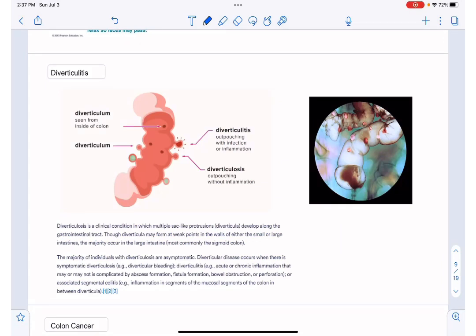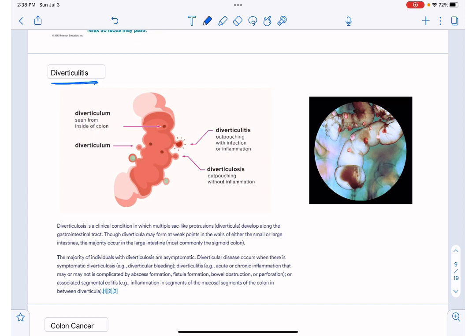And these next few slides then are just some special topics related to the large intestine that I don't necessarily know a whole lot about, but I'm interested in finding more about. And I'm also interested in hearing from you all if you have a lot of exposure to this, being in the allied health field, as I imagine you do. And the first one is diverticulitis.